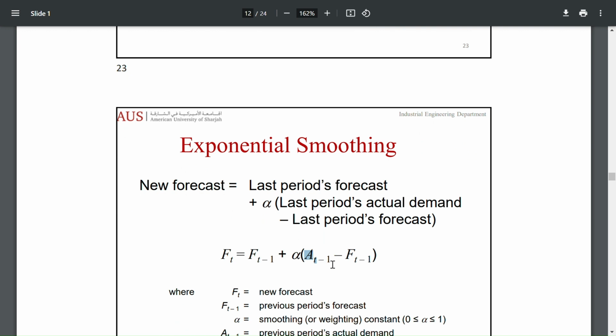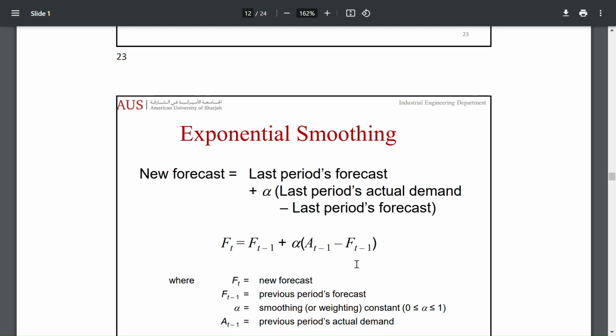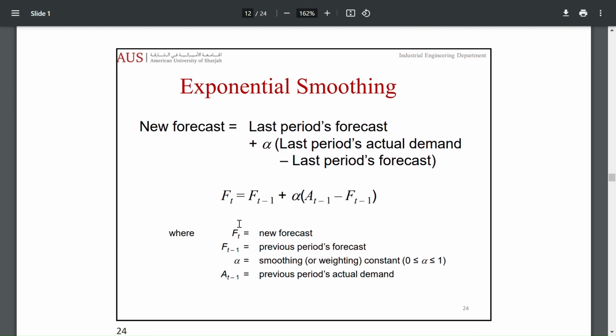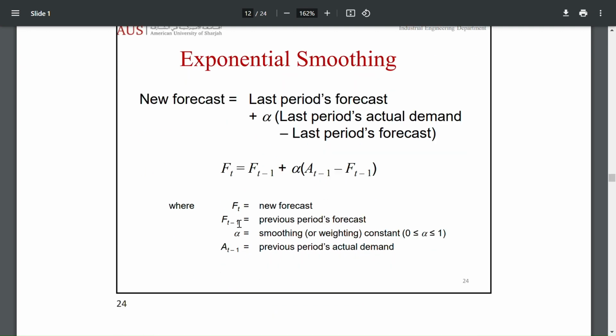Multiplied by the actual value, the actual data of the last month, not the forecast of the last month. First here, we have the forecast of the last month, not the actual. It's important. And here, this is the actual value of the last month. We subtract from it F_(t-1), which is the forecast for the last month. This gives us a rough approximation of the next month.